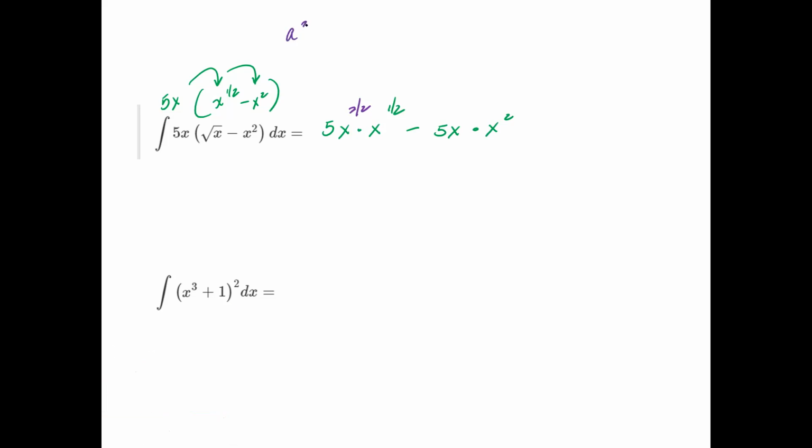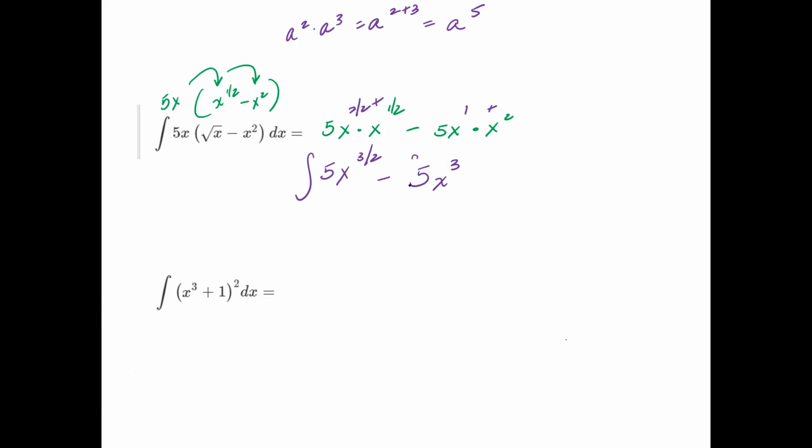And if you have something like a squared times a to the 3rd, it's going to be a to the 2 plus 3, which is a to the 5th. So you're going to take the 2 over 2 plus the 1 over 2. So 5x to the 2 plus 1, which is 3 over 2, minus 5, and this is a 1, so add them, x to the 3rd. And now you can go ahead and find the integration of that.